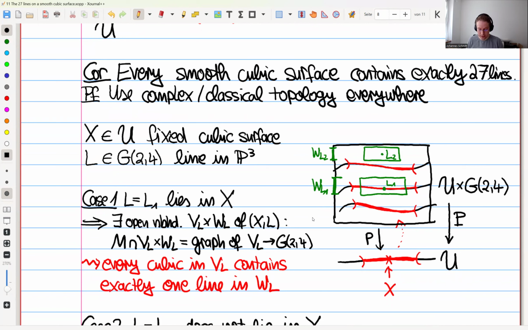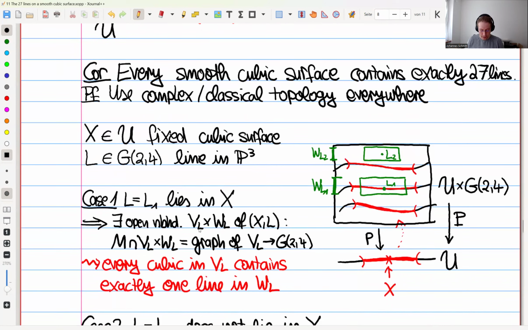And so locally in the classical topology, well, the classical topology on this product is the product topology. So we find an open subset in the product topology where we are such a graph. And then we can always restrict to a smaller open subset and find such a kind of square, or such a rectangle or such a product neighborhood.